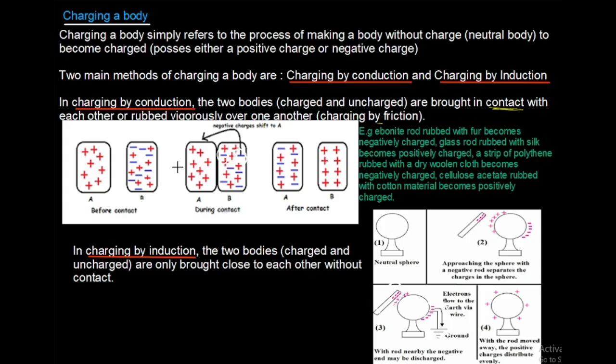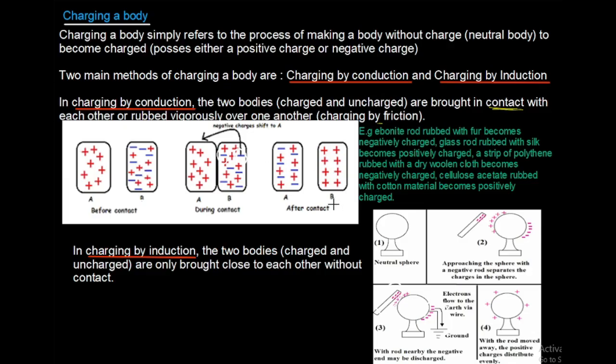A very important point you should take from this is that if we have a positively charged body being used to charge a neutral body, the neutral body at the end of the day is going to become positively charged.